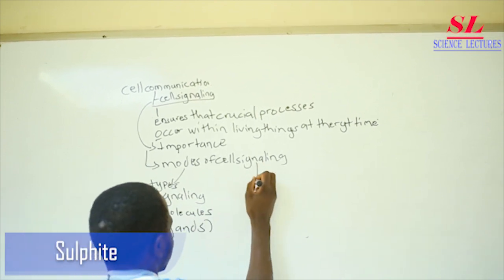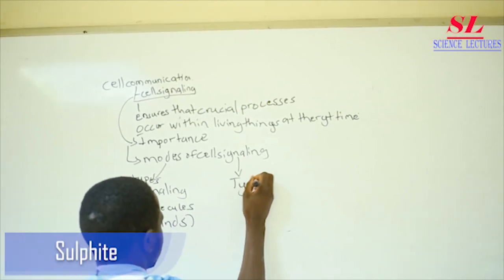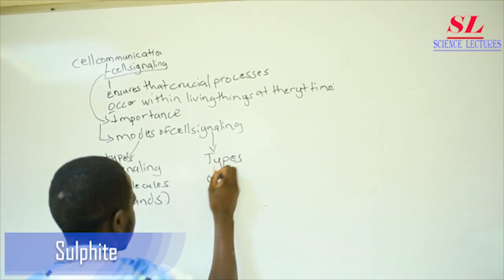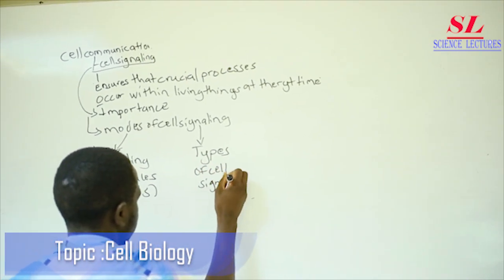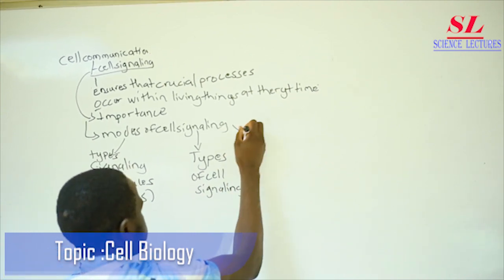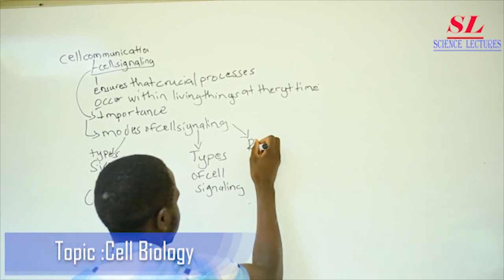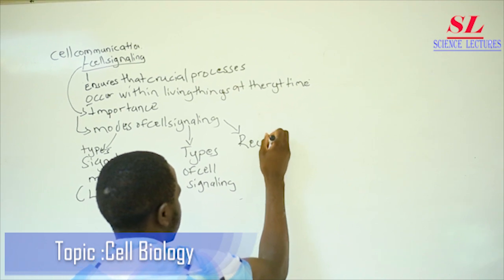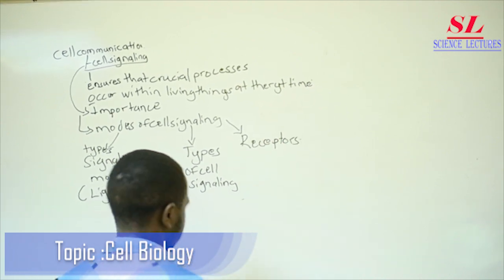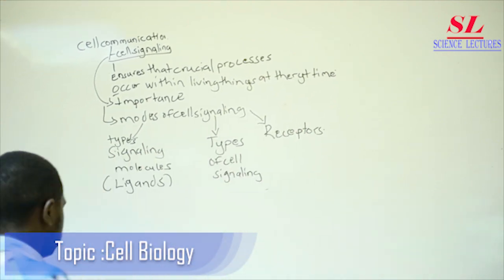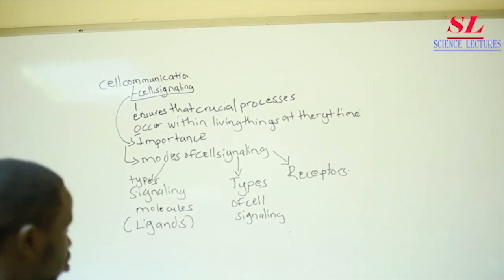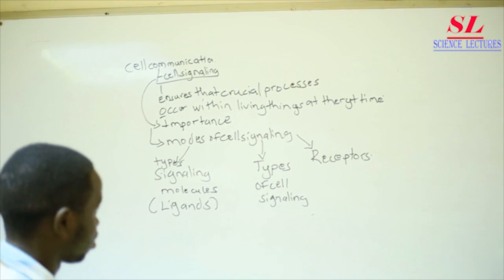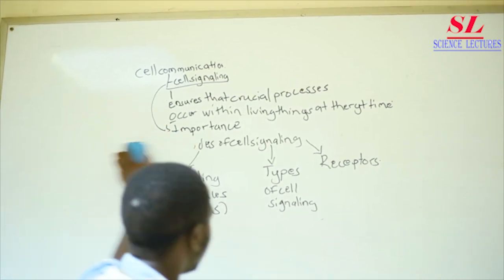Then we shall look at the types of cell signaling. Then we shall end with receptors. So that is what we are going to discuss under cell signaling, and this is something very easy because I trust you are scientists. Getting this concept is at your fingertips.